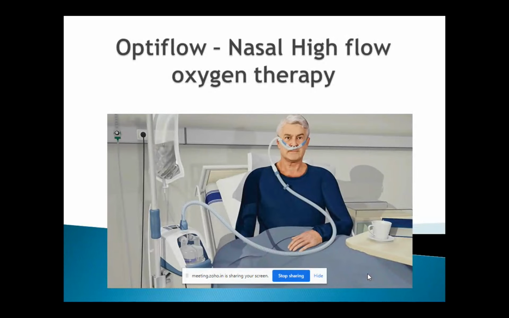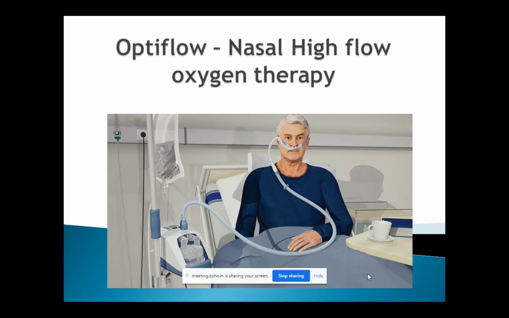What device is available which can give low to high oxygen flow, but also can give an exact oxygen concentration? That means you can give a fixed oxygen concentration, but you can also give a high flow. That particular device is called OptiFlow, which is a nasal high flow oxygen therapy.